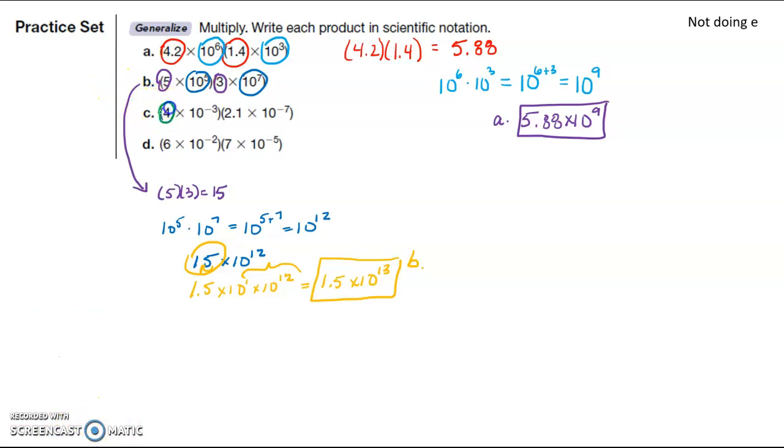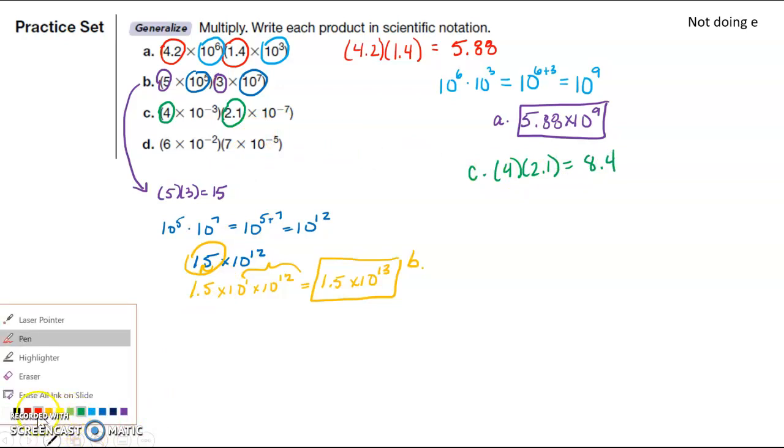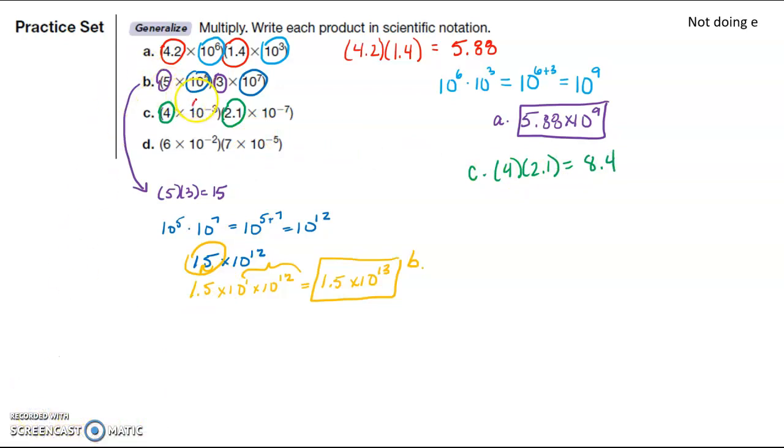Let's do C. So I have 4 times 2.1. So let's see, 4 times 2.1 is 8.4. So let's put C here. So 4 times 2.1 is equal to 8.4. And then I have 10 to the negative 3rd and 10 to the negative 7th.